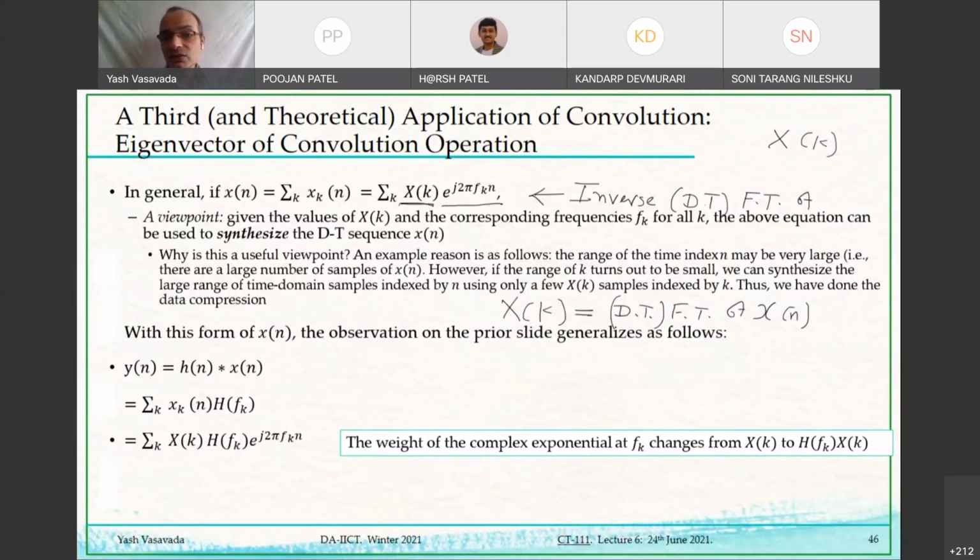So analysis of x of n will give me capital X of k, which means that X of k is the Fourier transform of x of n.